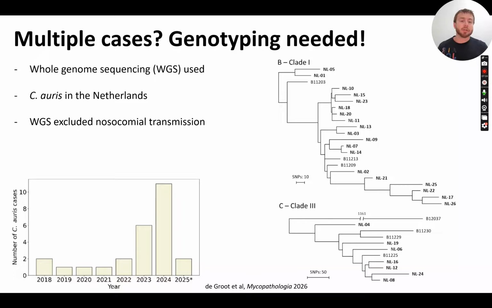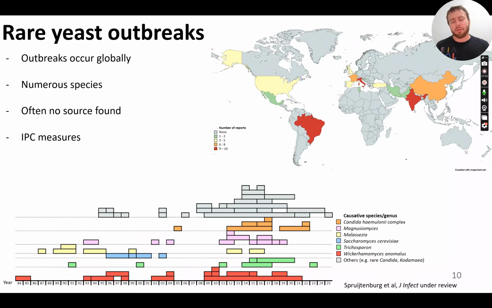But luckily for us, the branches between the isolates were rather long, and those SNPs could not have been accumulated in a very short time. Therefore, we could exclude nosocomial transmission, and we did not need to take any measures to stop an outbreak, for now at least.